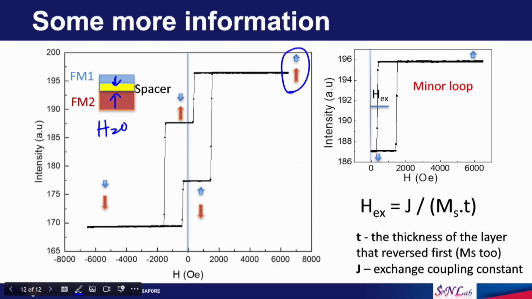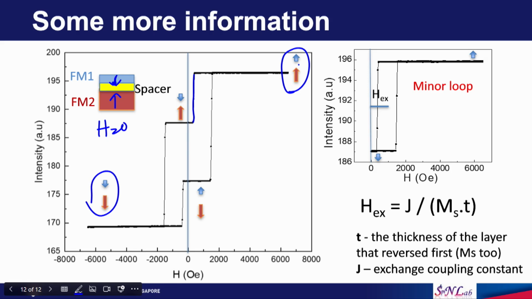When you come closer to 0, the exchange coupling between the two layers makes one of the layers flip, so you will see that the magnetization drops here. This is the region at which the magnetization flips from pointing up to down. Then when you go further, both layers again point in the same direction.